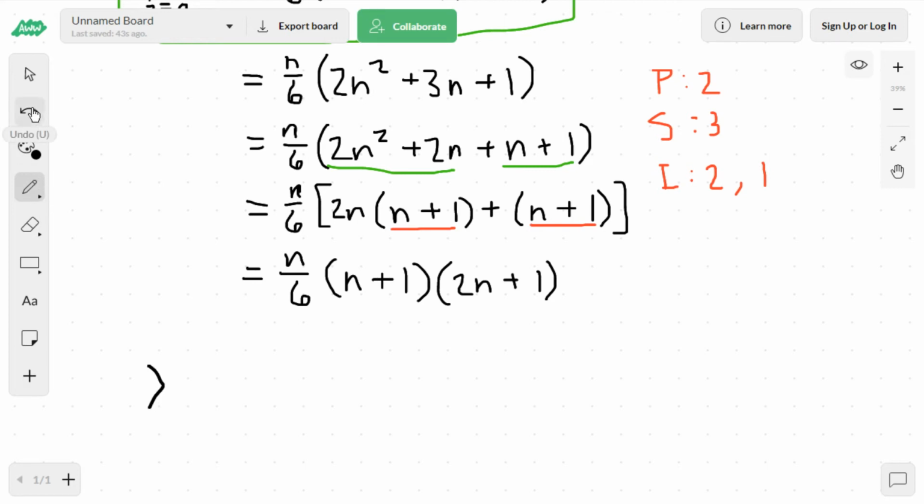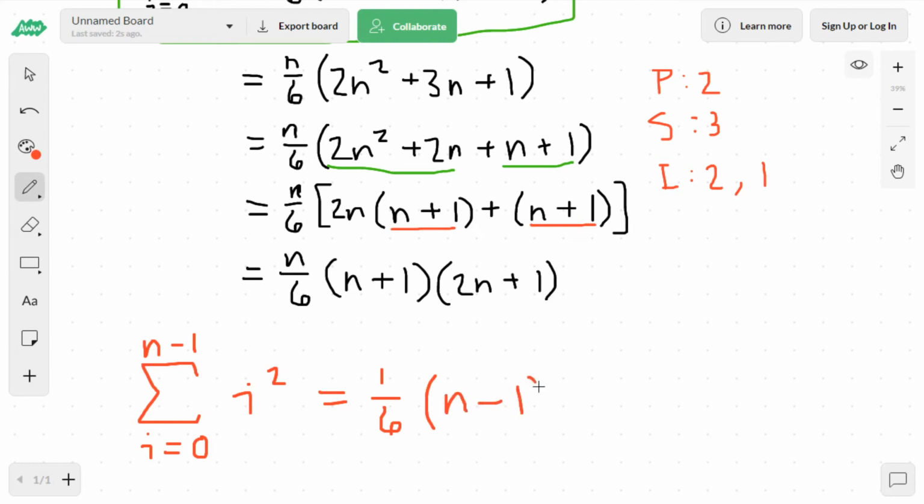Actually, you know what? Might as well switch colors for this. It's a big moment. The sum from i equals 0 to n minus 1 of i squared is equal to, I guess I'll just do it like this. I'll put this here, and instead of an n, we're going to have n minus 1.